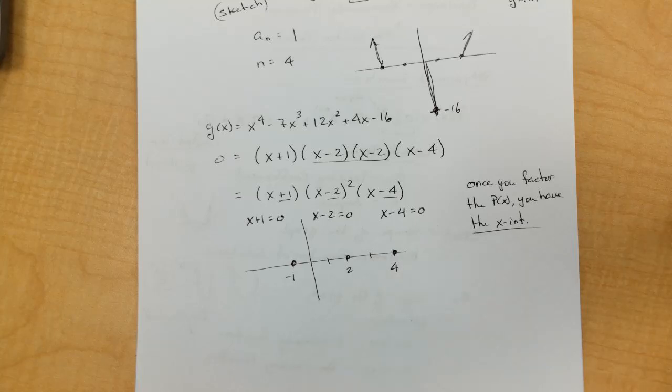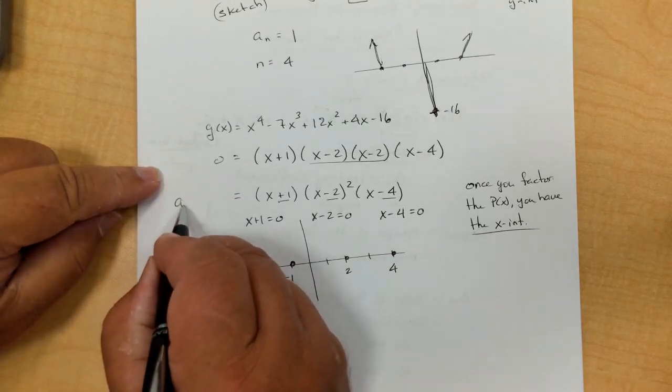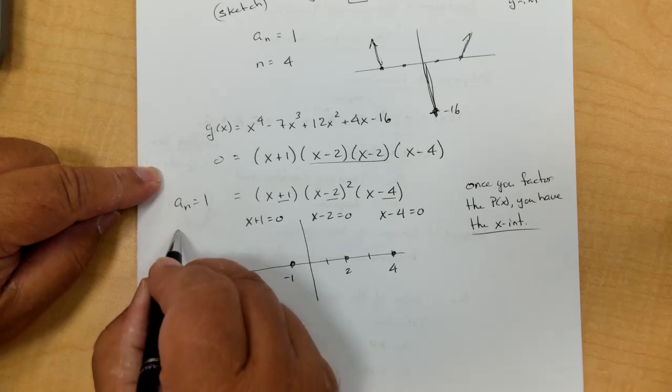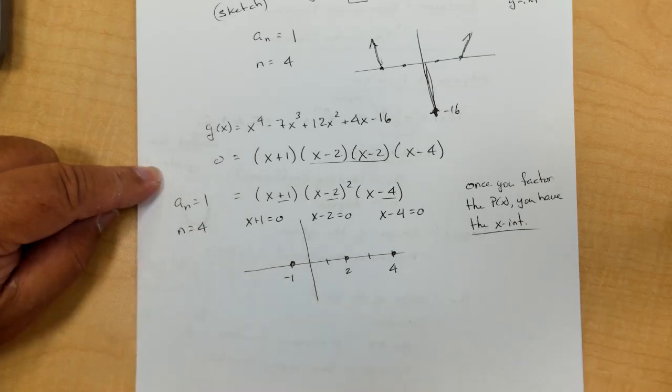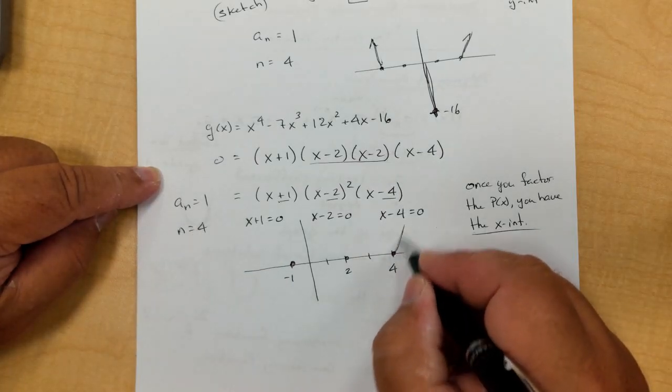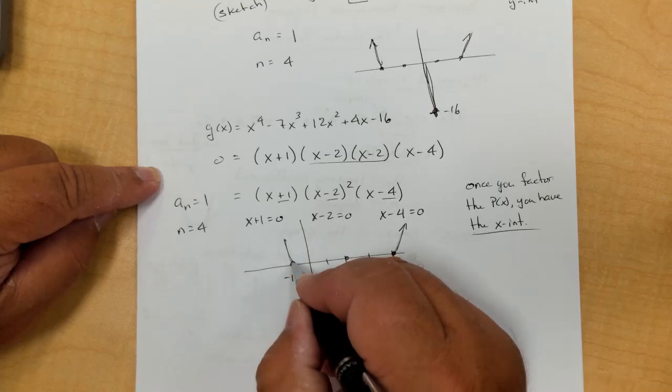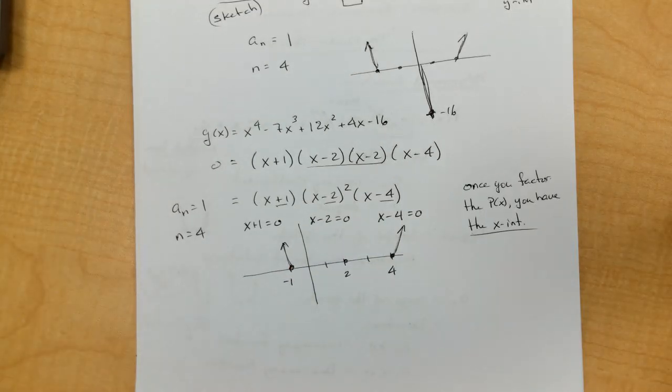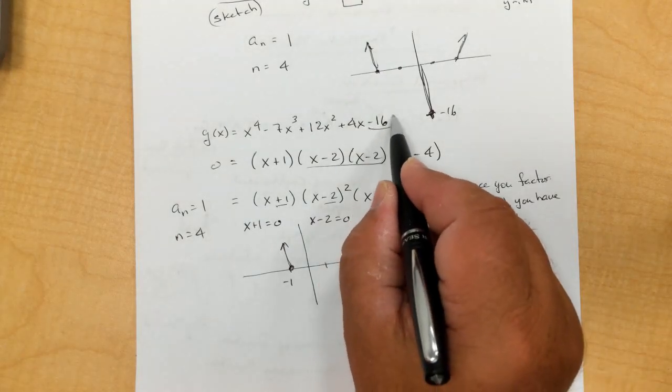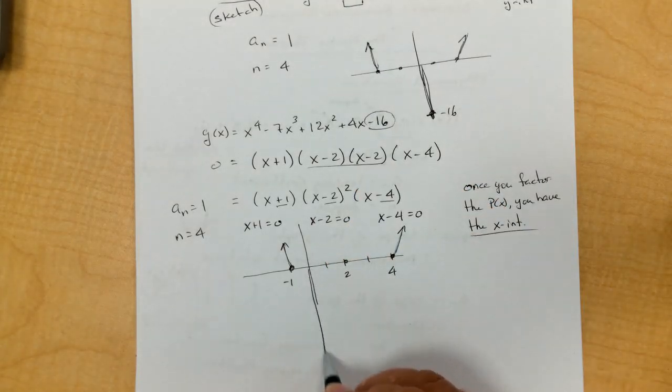So we found our x-intercepts. We know that A is 1, and the degree is 4. So from the endpoints, the last points in my graph, we know it has to go up. We also know our y-intercept.